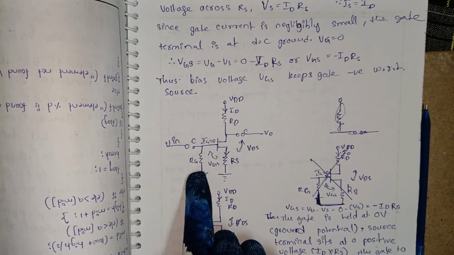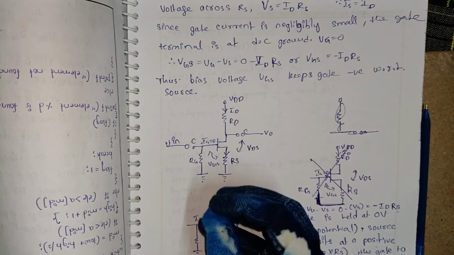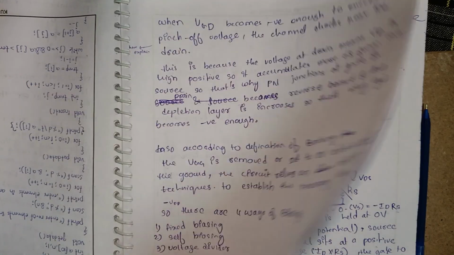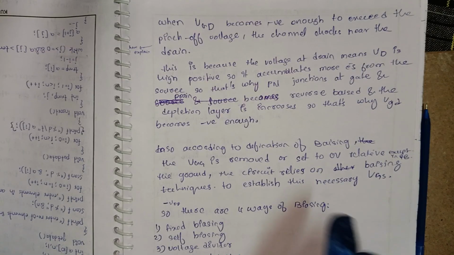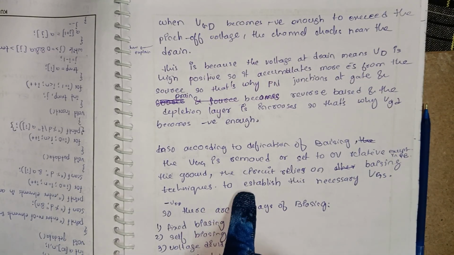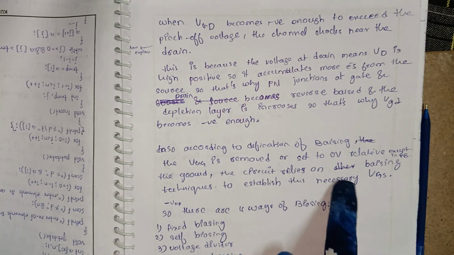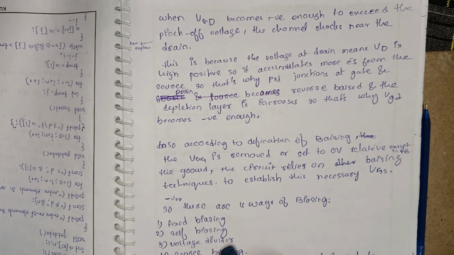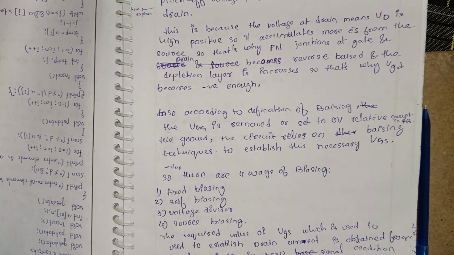Totally removed or set to 0 relative to the ground, and the circuit relies on the biasing techniques to establish this necessary VGS, except in fixed biasing.